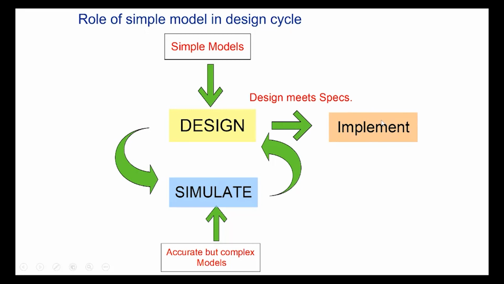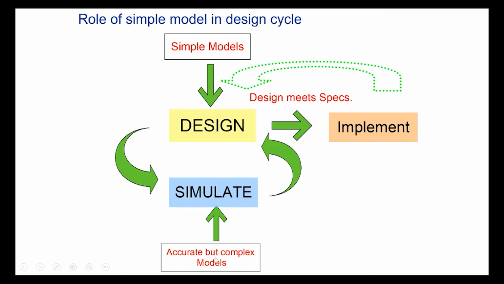You implement it as an IC or on a breadboard or a PCB and all that, and you can try. But note that even when you implement it, you're going to use a real physical component, and a real physical component is always a little different from even the most complex model here. So there's always a chance that after you implement and do experimental measurement, things are not as you expected, and then you may have to go back and tinker with the design again.